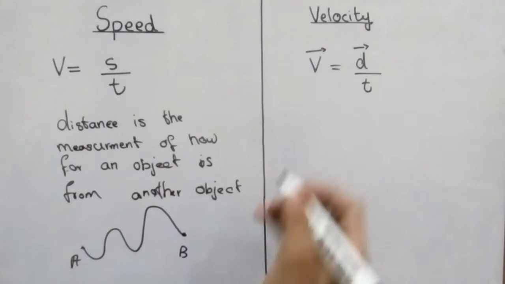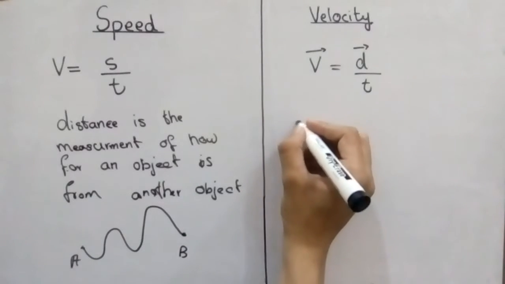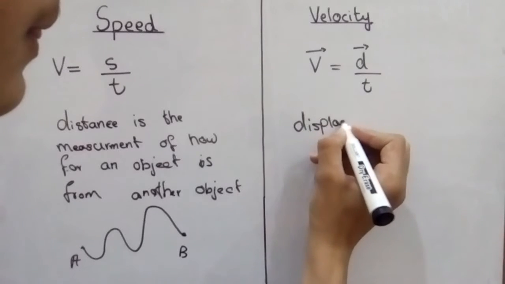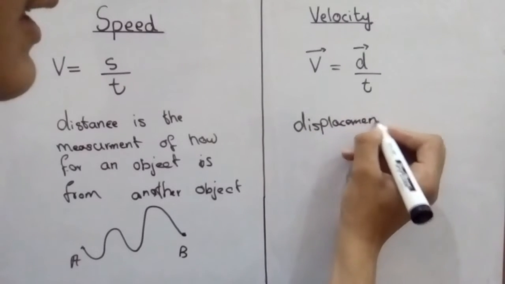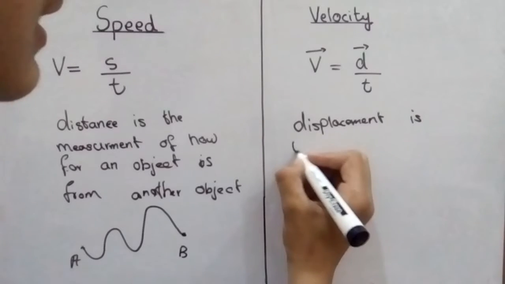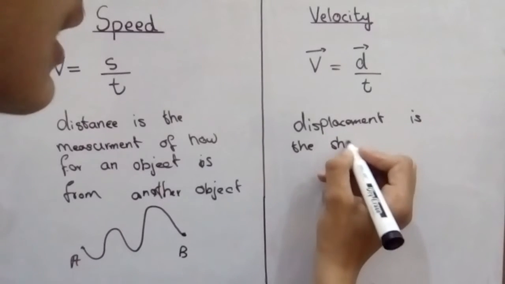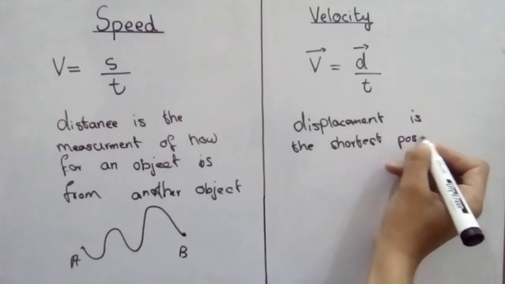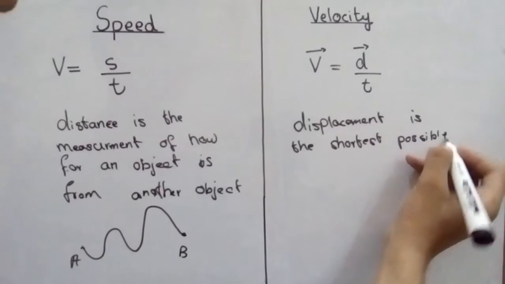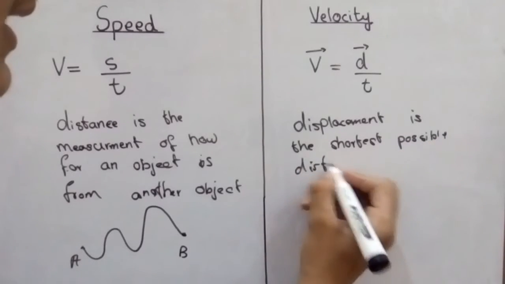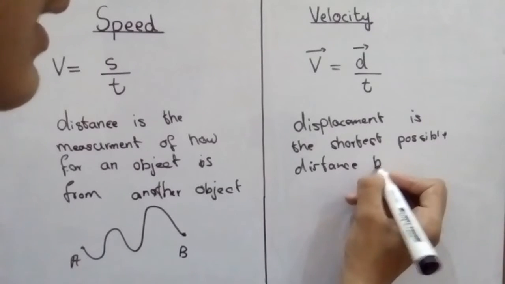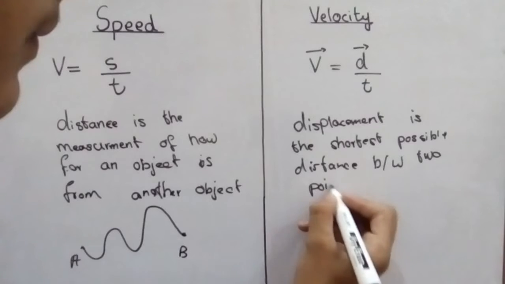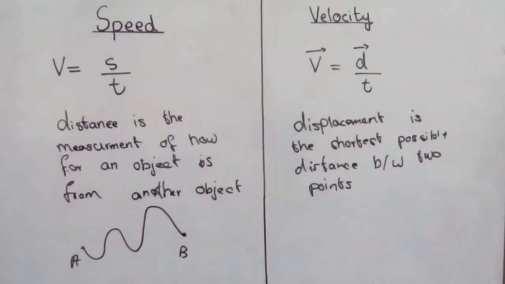And here in velocity we will now define displacement. So displacement is the shortest possible distance between any two points.